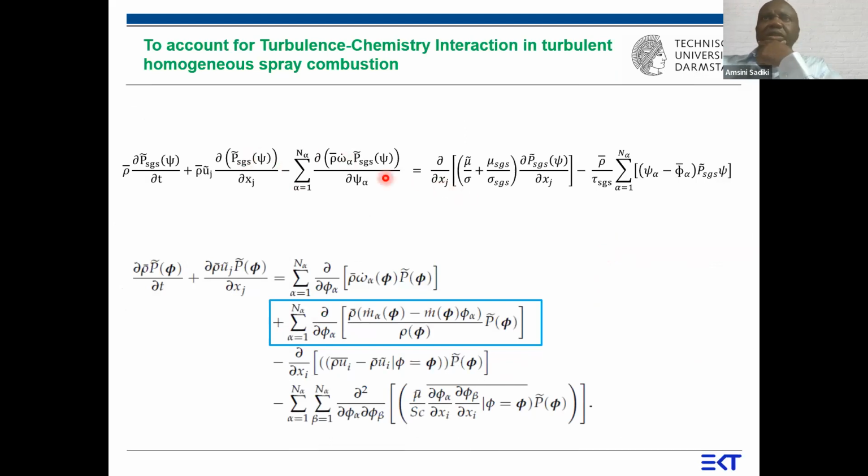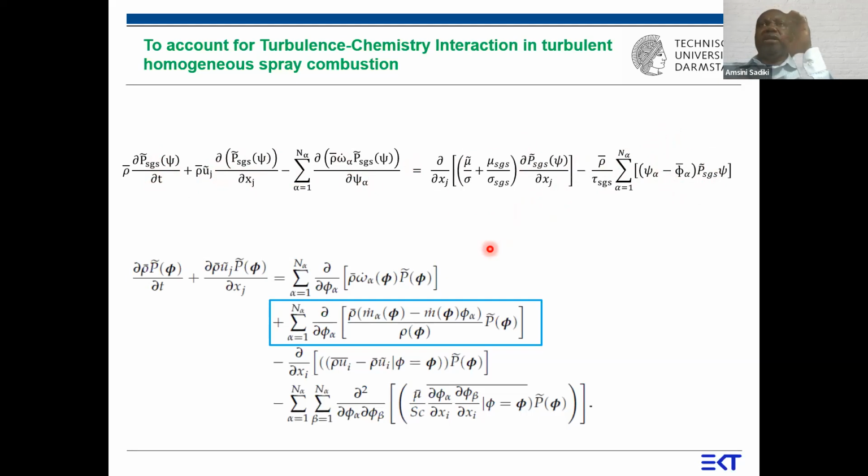The equation we obtain for single phase combustion is this here, with the different terms: the accumulation, the macro mixing, the chemical reaction, the diffusion, and this is for the micro mixing.